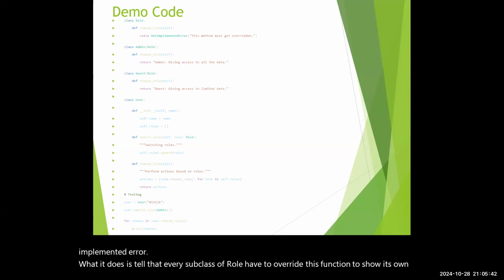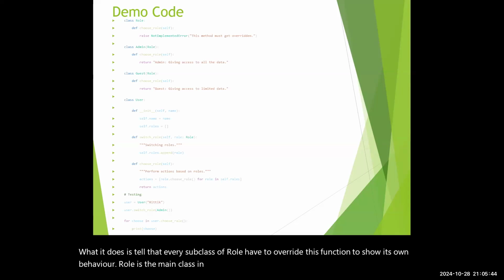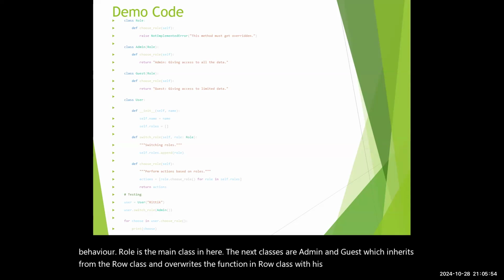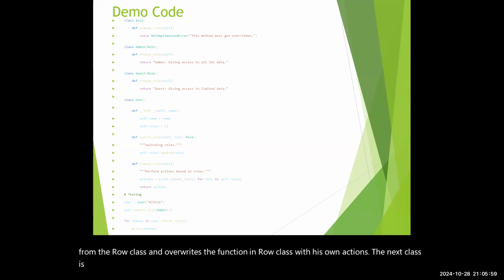Role is the main class in here. The next classes are Admin and Guest, which inherit from the Role class and override the function in the Role class with their own actions. The next class is User, which represents someone who can have multiple different roles.